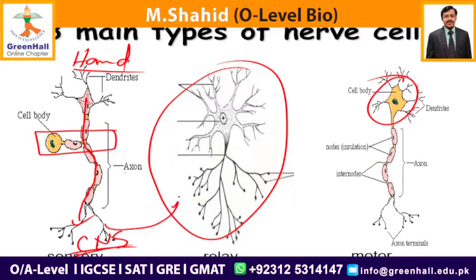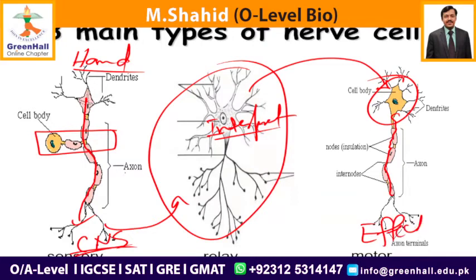So the nerve impulse is brought to the relay neuron. Now they interpret that information and pass an order to the cell body of the motor neuron. The motor neuron passes an order to the effectors. The effectors are the muscles, right? Most of the cases, not in all cases, they're the effectors.